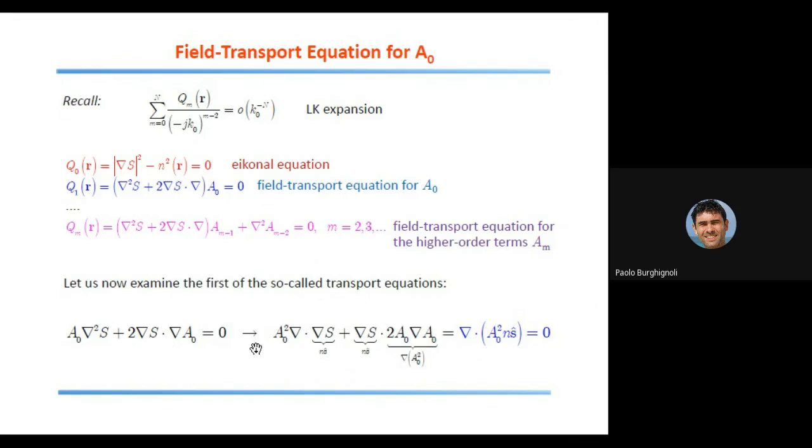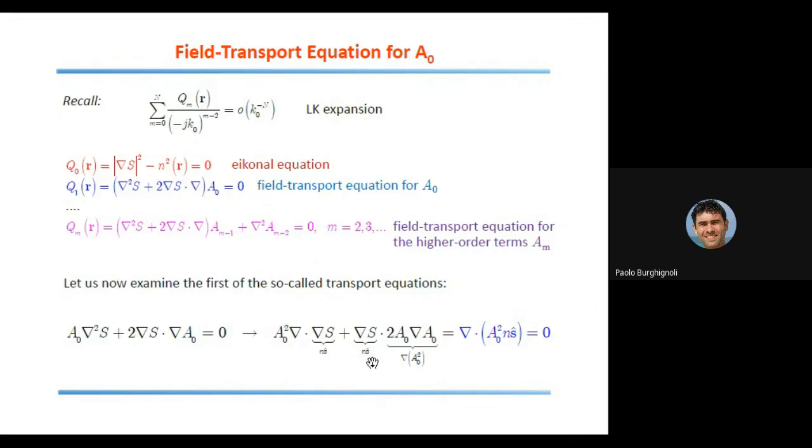Well, this can be written by multiplying everything by A0, as you can see here. And now the Laplacian, as you know, is the divergence, that is the dot product of the del operator and the gradient. Now the gradient of S is, by the Iconal equation, equal to the refractive index times the unit vector S hat.